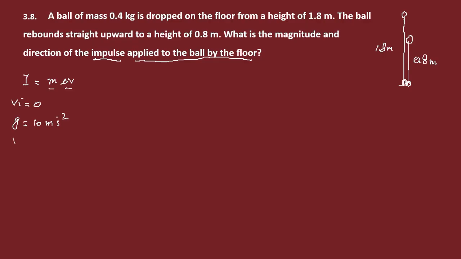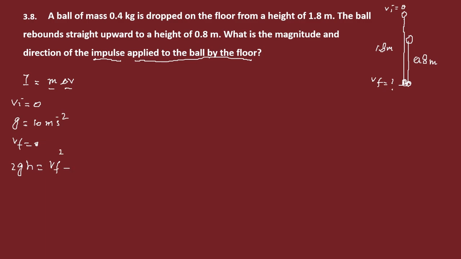The speed with which it strikes the ground, let it be Vf here, we will have to calculate. To calculate the final speed, we will use the third equation of motion, which is 2gh equals Vf squared minus Vi squared.